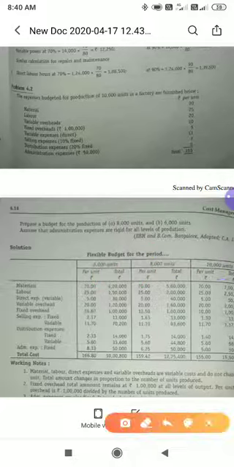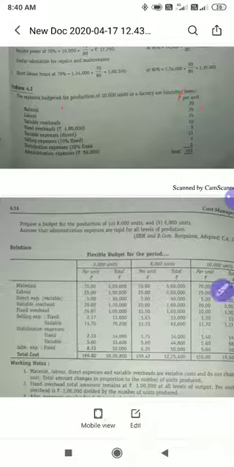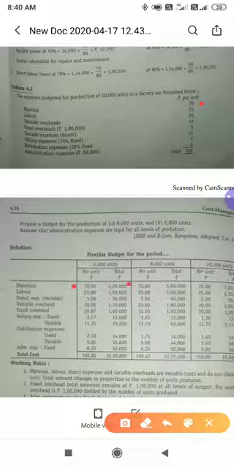Okay. Now material cost is a variable cost, and please remember, variable cost per unit, that 70 rupees will be same for all the units, but total variable cost will change. Now look at here, the variable cost 70, we have here also 70, 70, 70 per unit will remain same.